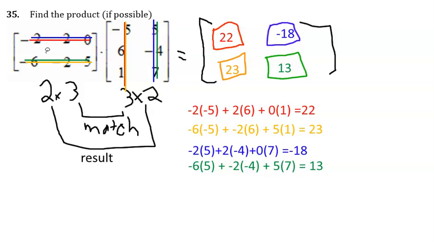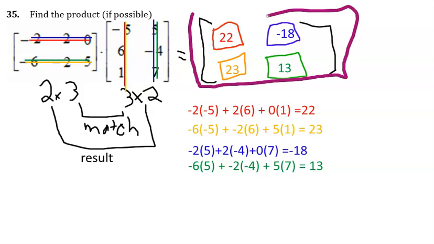So our answer is this matrix. This is our product. And you can always check this in the Desmos calculator as well.